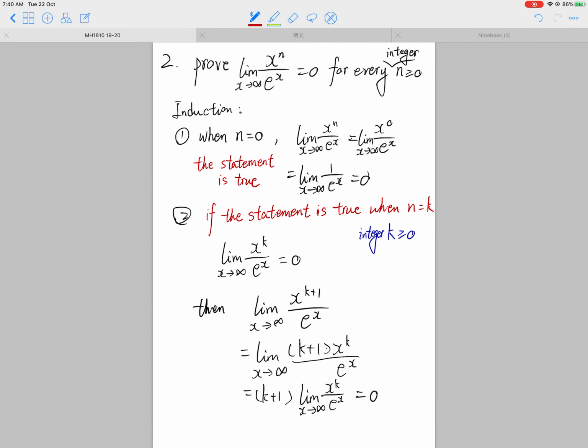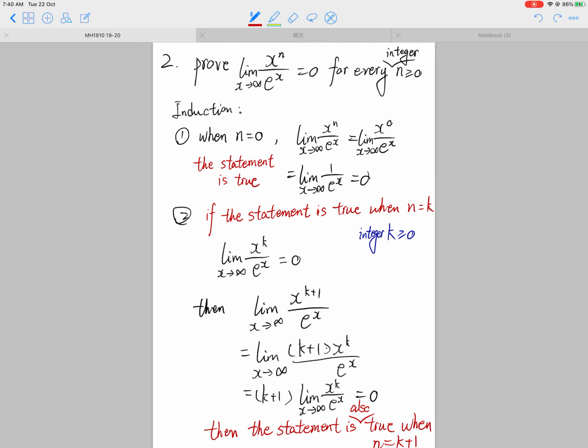So if this is true, then the statement is also true when n equals k plus 1. So if the statement is true when n equals k, it's also true when n equals k plus 1.